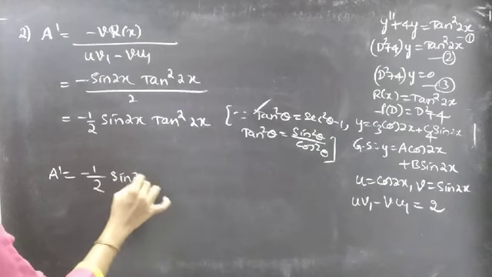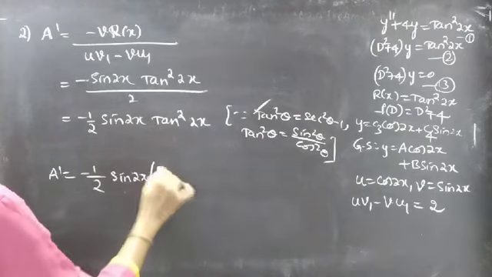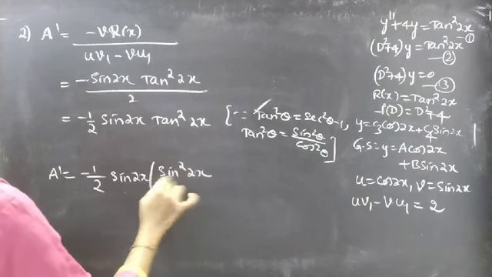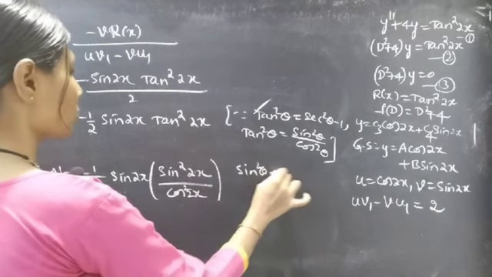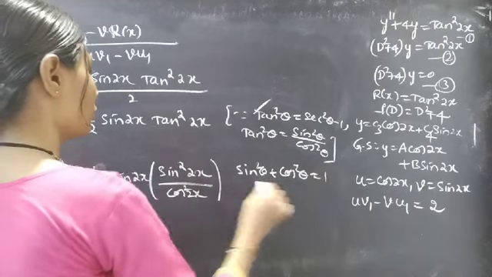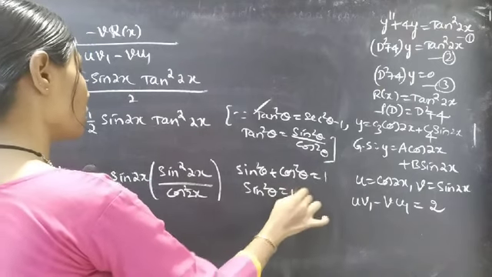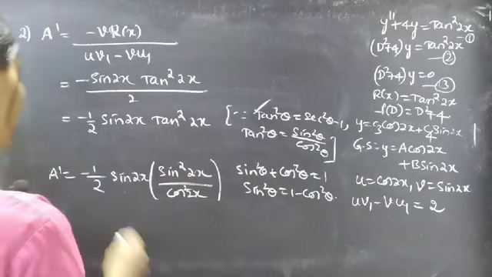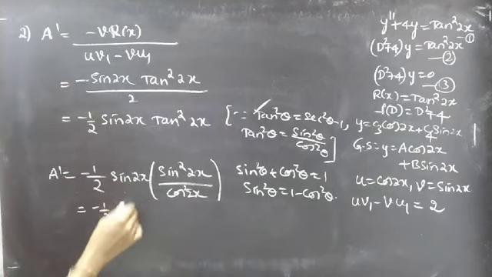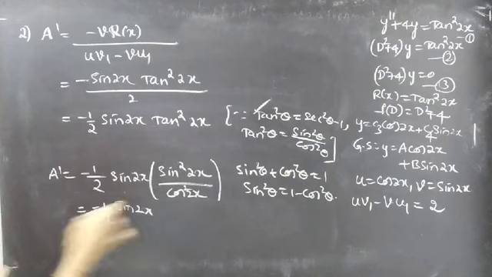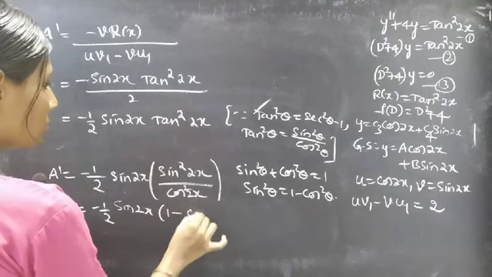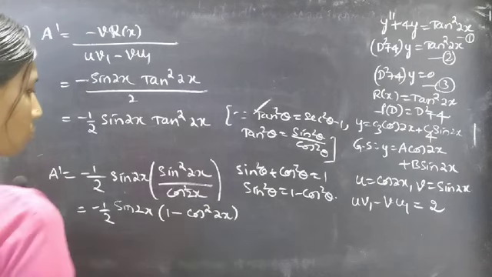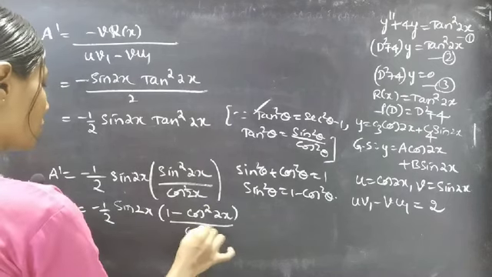What happens if we use the second one? Since sine square theta plus cos square theta equal to 1, from this we'll get sine square theta equal to 1 minus cos square theta. Then we'll get minus 1 by 2 into sine 2x into, we can replace sine square 2x as 1 minus cos square 2x by cos square 2x, right?